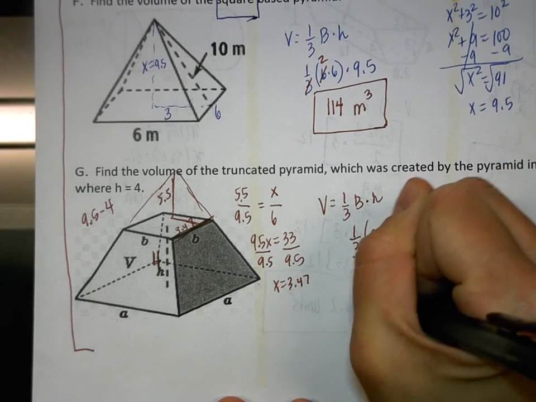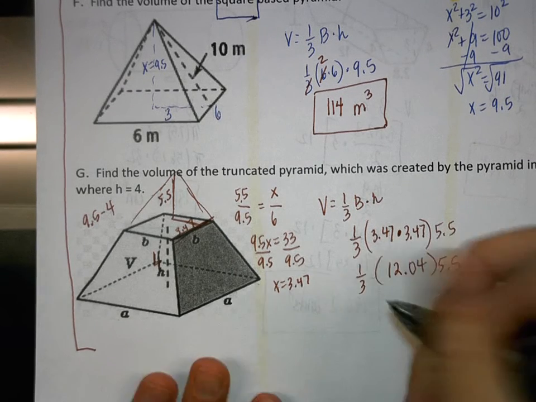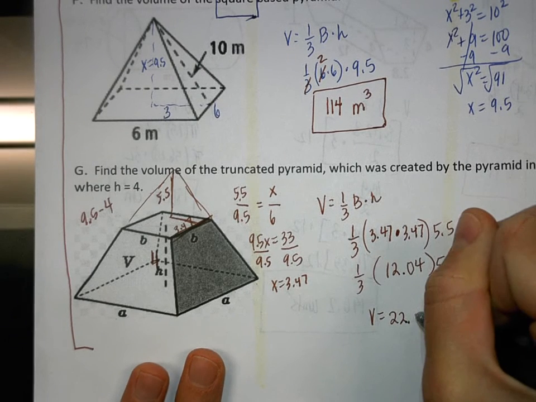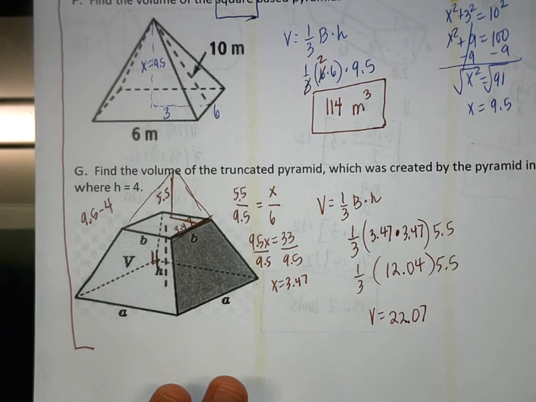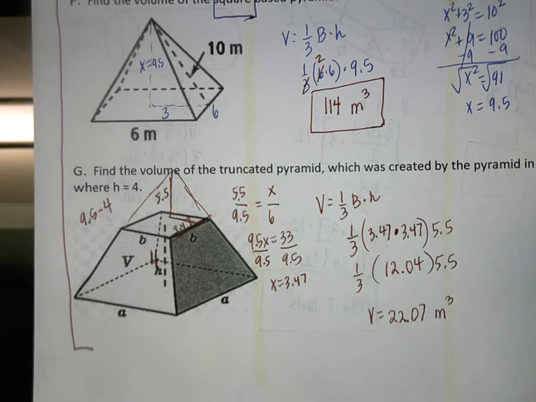And then I'm going to take that answer and multiply it by 5.5 and then divide that by 3. And so the volume we end up getting is 22.07. And then that would be what? Meters cubed. Now, is that my answer?